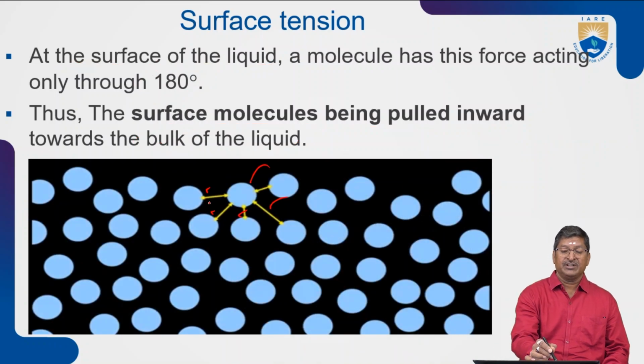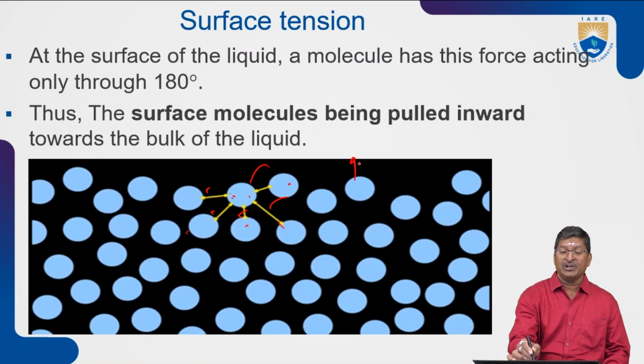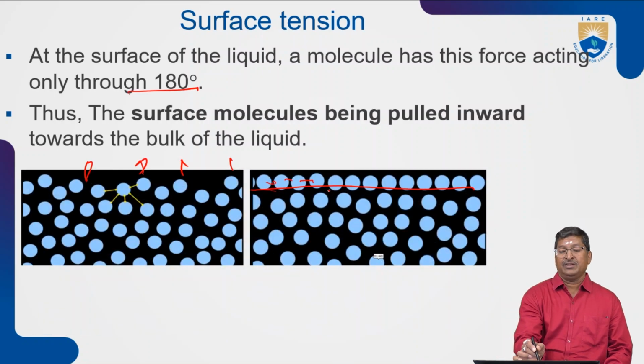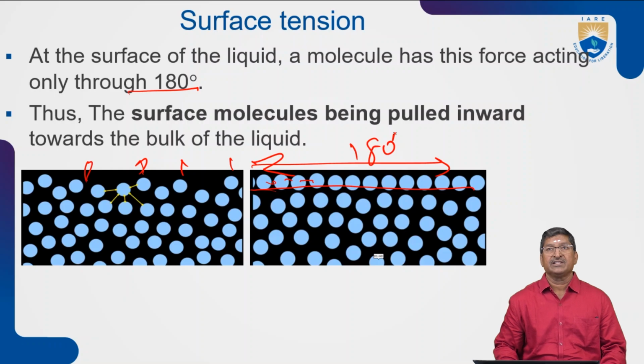So you can see here the forces between the molecules. This molecule will be attracted with other molecules, and at the top surface no molecules are there, so that it will form a horizontal 180 degrees force here. The surface tension is 180 degrees there.